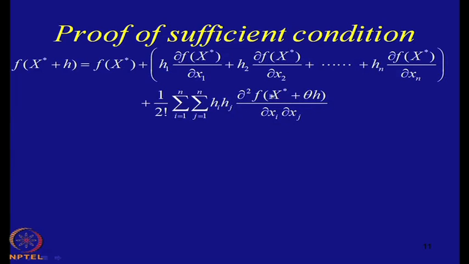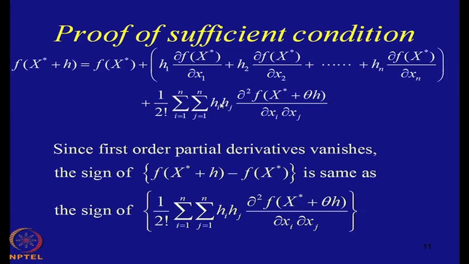And if we just look at this expression, what it tells us is, as we know from the necessary condition, that at the extreme point, if we consider x star as our extreme point, then certainly the first order partial derivatives will all vanish together.